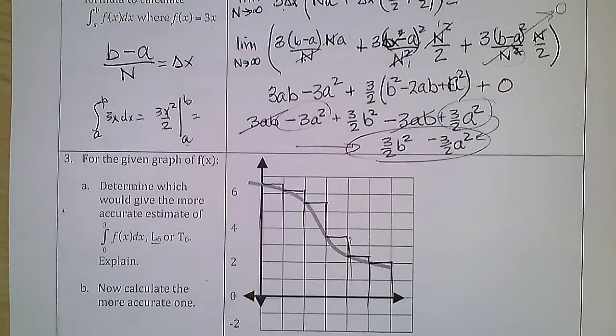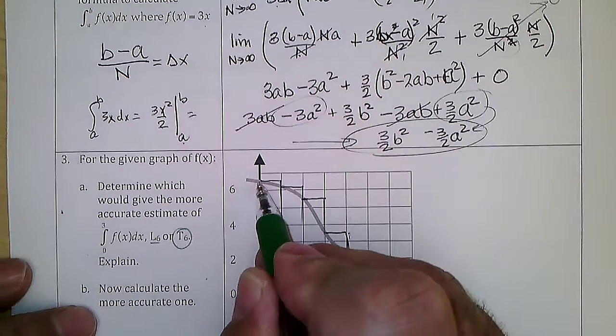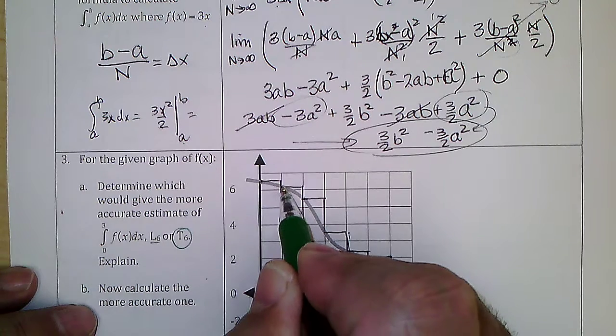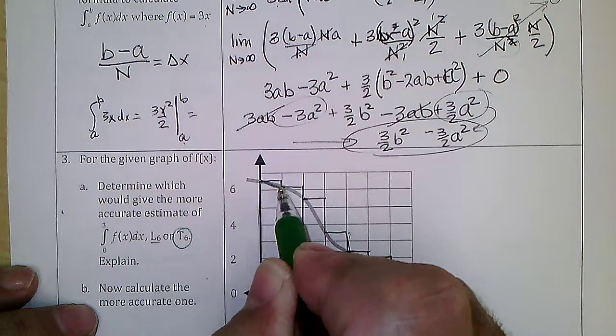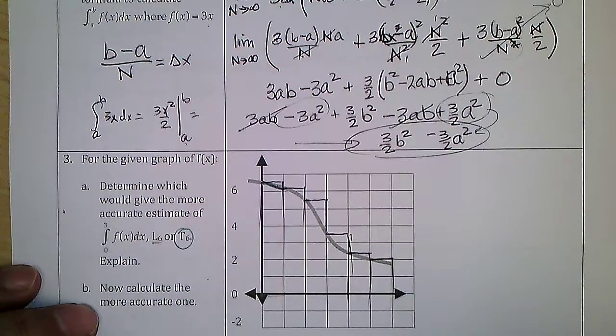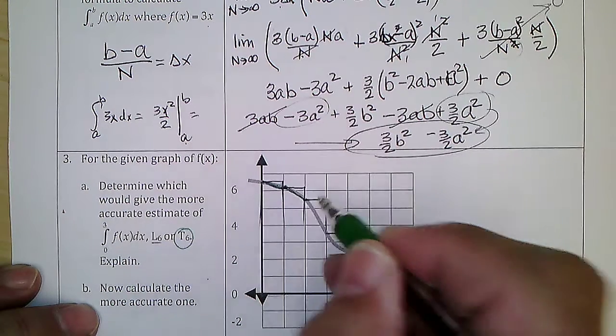Now, our T6 would go a trapezoid that has a height at each side of the rectangle and make a line across. So this one would be slightly less, but not nearly as much as this one's over. Then we go from there to there, which is really close to the curve.